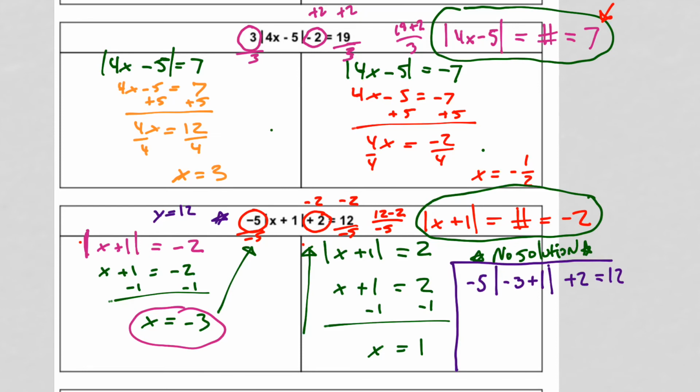So back to where we were. -3 plus 1 is -2. The absolute value of -2 is 2. So this times a -5 plus 2. So you get -5 times 2 essentially is -10 plus 2. And is that equal to 12?